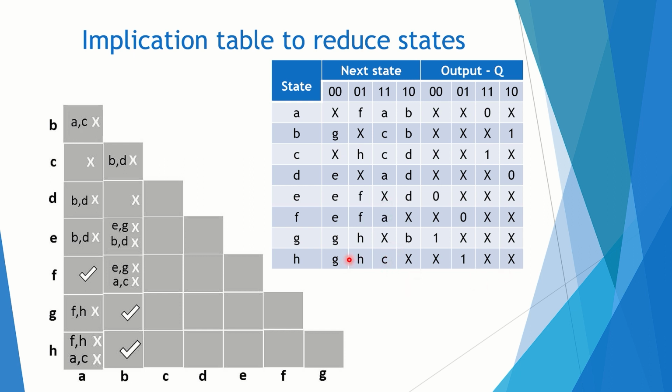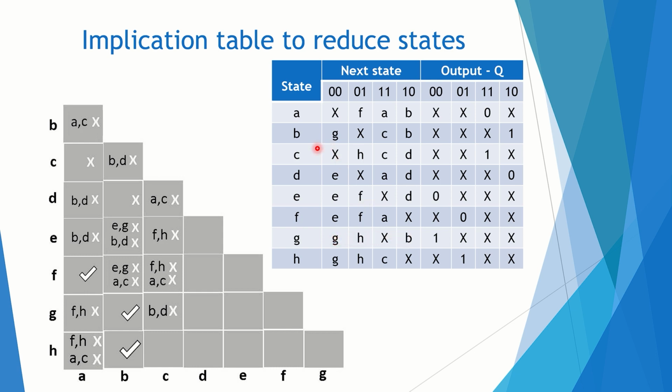Then CD, you can see it is not equivalent because of AC. And CE not equivalent because of FH. Then again CF is not equivalent. CG, you can see here B and D, because B and D it is not equivalent.